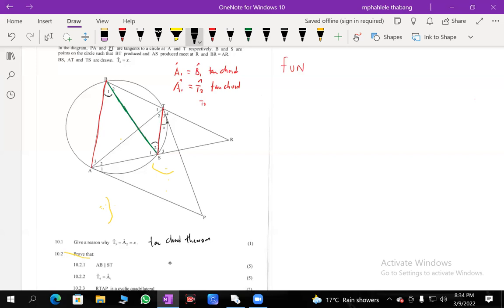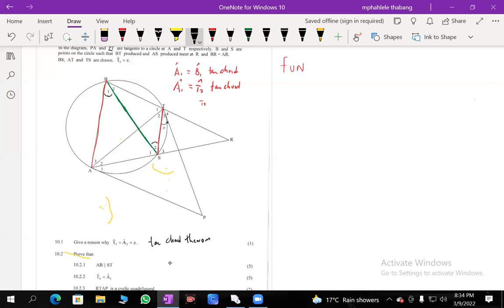because they form a Z shape. Angle B1 and angle S2 form a Z shape. The red color and the green color, the shape that I've just drawn here, is a Z shape. So angle B1 and angle S2 are alternate angles.